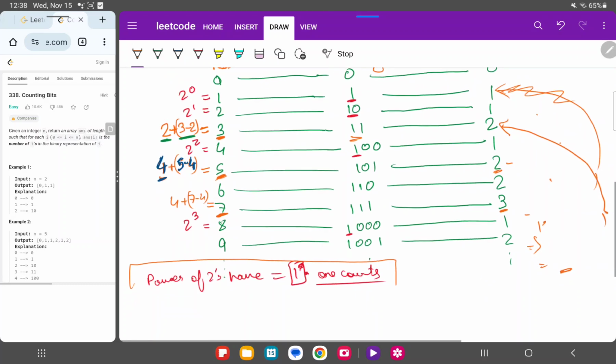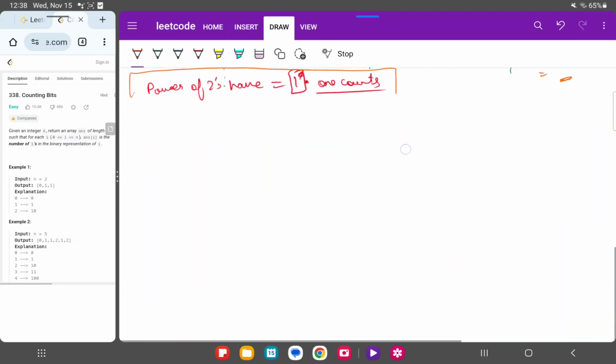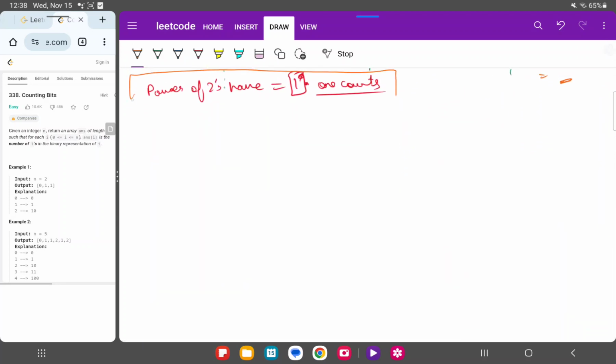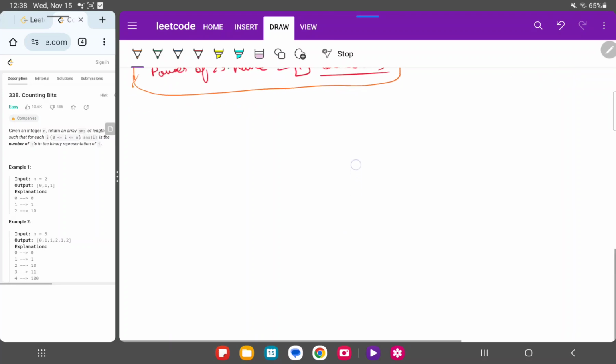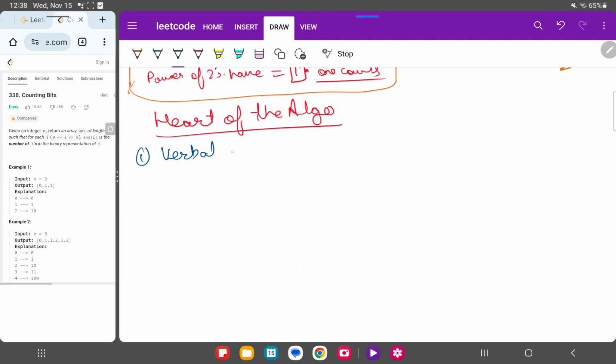Now that we have discussed through the dry run approach what the actual formula is, let's write the heart of the algorithm for the dynamic programming. There are 3 parts of the heart of the algorithm. First, the verbal description of subproblems.